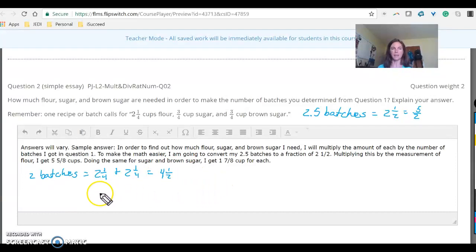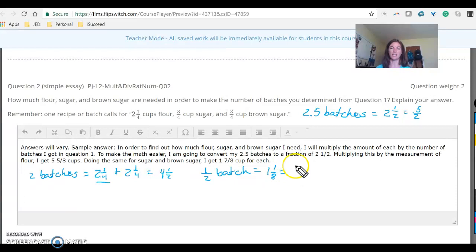But a 1/2 batch, let's do a 1/2 batch. Okay, a 1/2 batch is going to be 2 1/4 divided by 2. So 2 divided by 2 is 1, and 1/4 divided by 2 is 1/8. So that's 1 1/8.